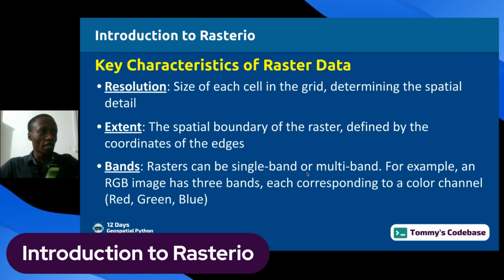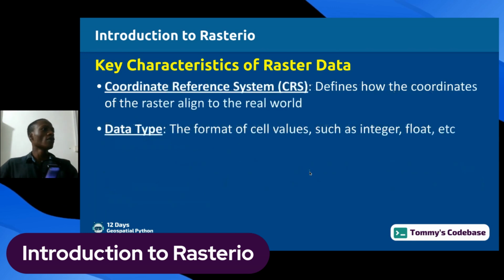And each of these corresponds to a particular color channel. Okay. So if you take, for instance, the Landsat bands, if you go to the website, they have a configuration for each of their satellites. So you get to know which one is red, which one is blue, which one is shortwave infrared, and all the other ones.